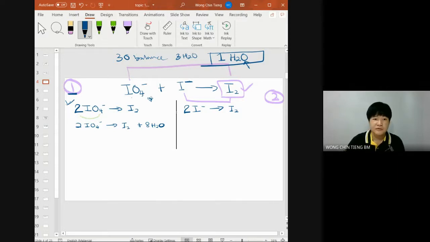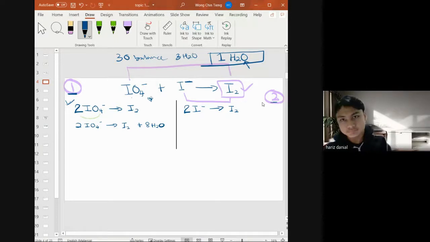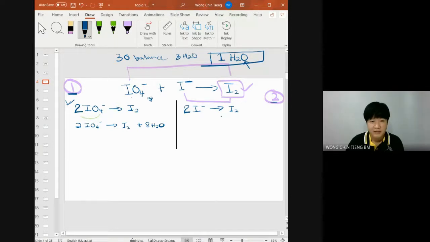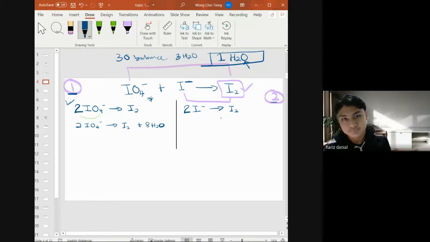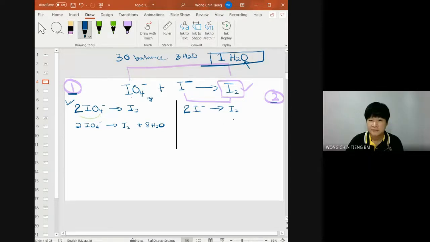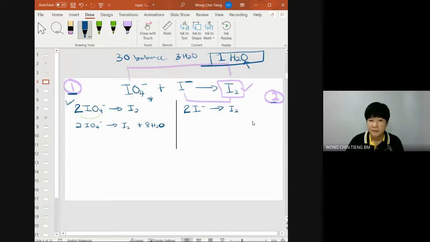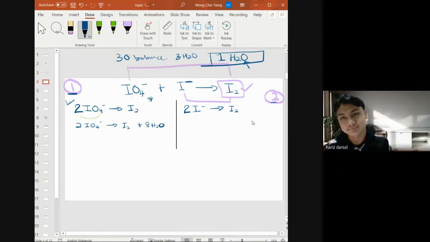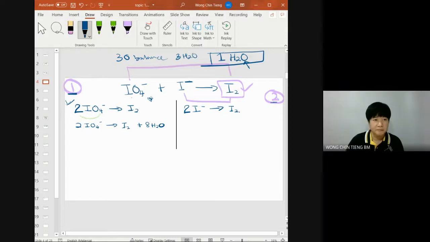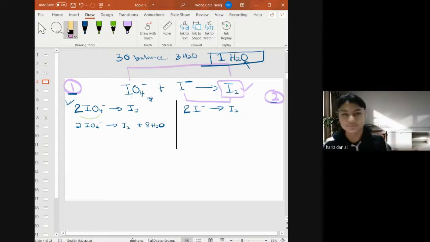Okay? Daniel, on the second half equation, any changes? Yes. What is the changes? H2O. Tambah kiri ke kanan? Kanan. Tambah berapa? 8. 8 juga sebab nak bagi balance.